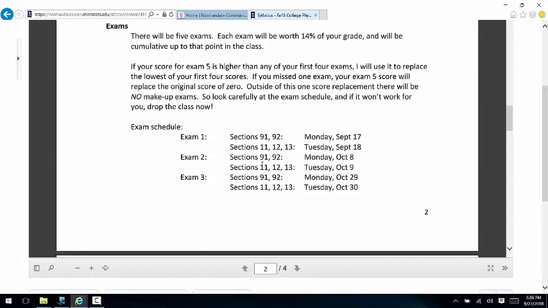And then whatever you get on the final counts as the final score and replaces the 0 on the other one. So you can miss one exam and your final score is going to replace the 0. If you miss more than one, there's nothing built in to deal with that. So we need to talk about it before you miss a second exam, basically.